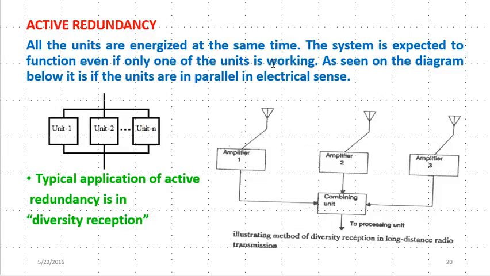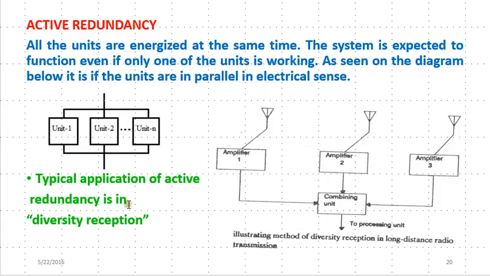When one of them is faulty, the others will continue to work without any problem. Another advantage is that the total load to be carried by a single unit is now shared by all of them. So if you want to visualize the active redundancy, just look at it as a parallel electrical circuit where we have current flowing from one point to another, but it has more than one path to reach the other part.